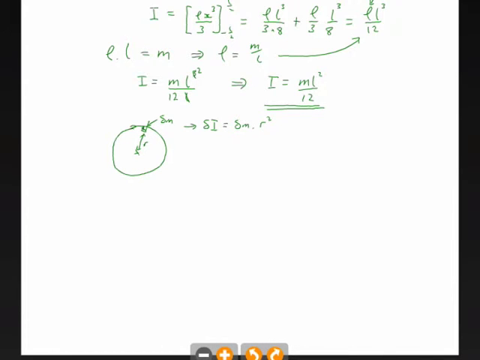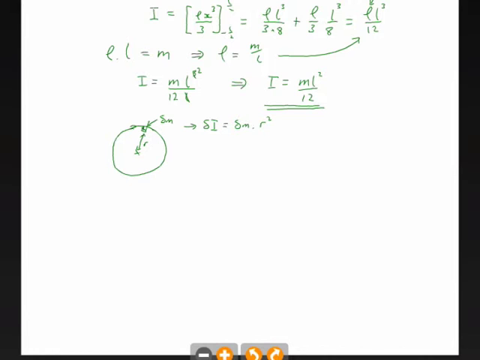When I add all of these delta m's together, I'm going to get the same answer each time because each of these objects has the same total mass. But if I look at the disk, my r is distributed from 0 all the way out to the maximum radius of the disk.